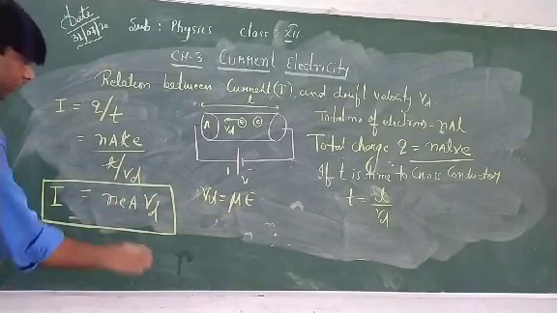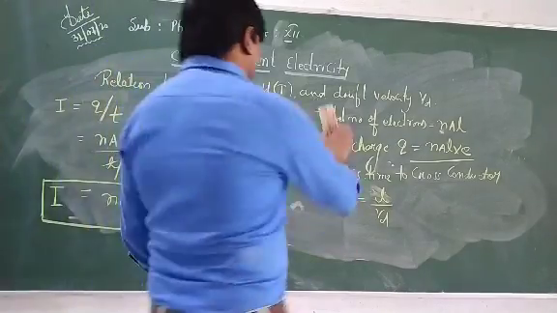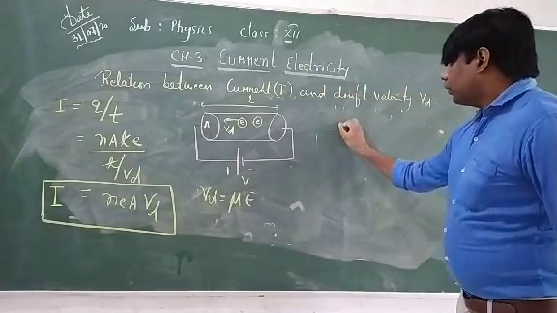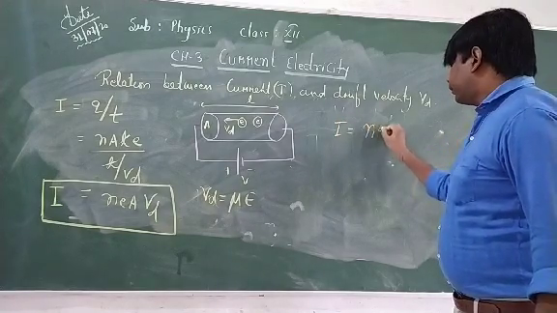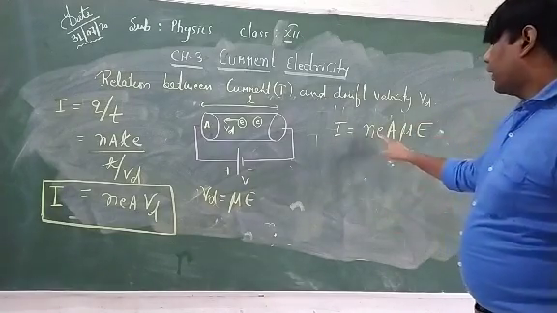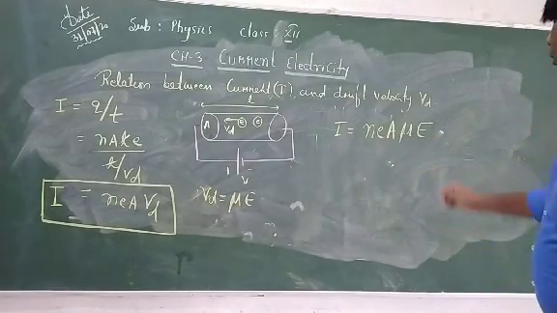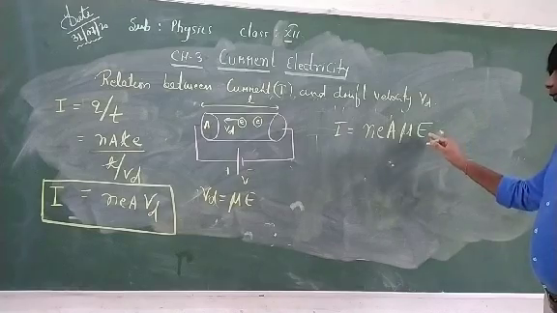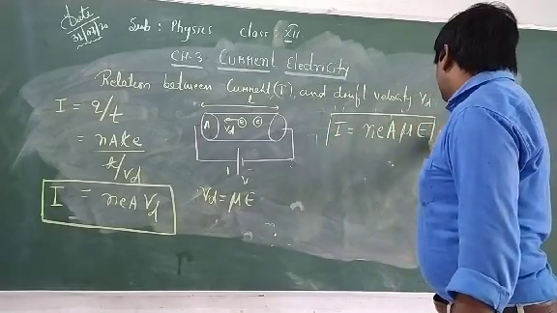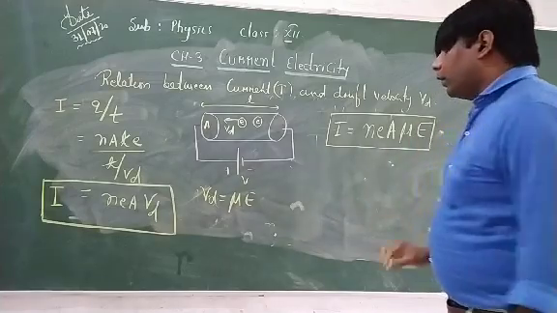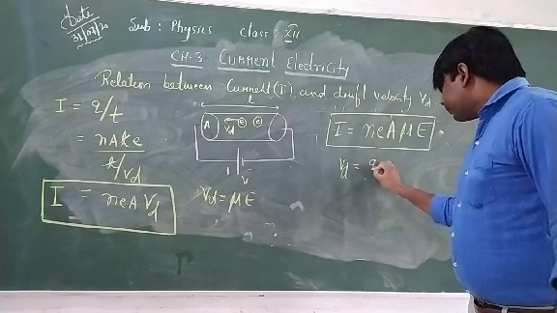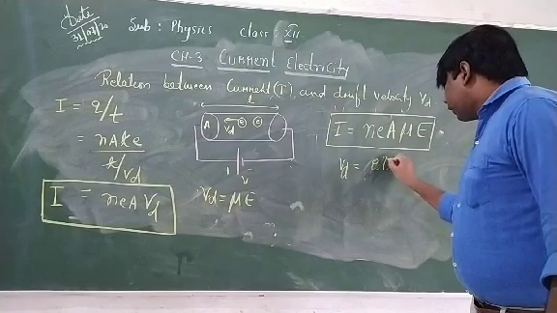So we can further extend and write this one, where E is the charge of the electron. Also, from the previous class, if you directly want to write Vd, there is also this relation.